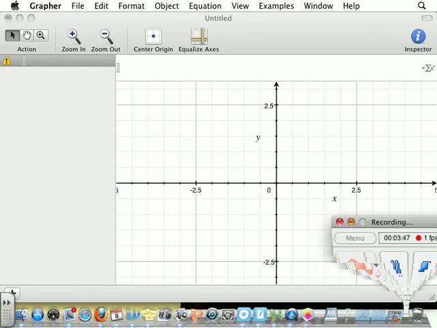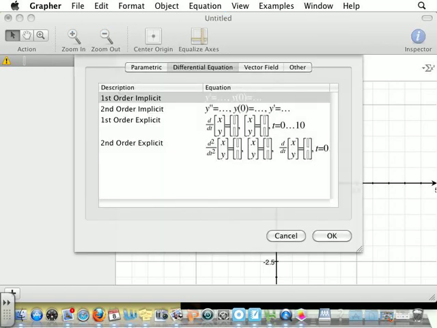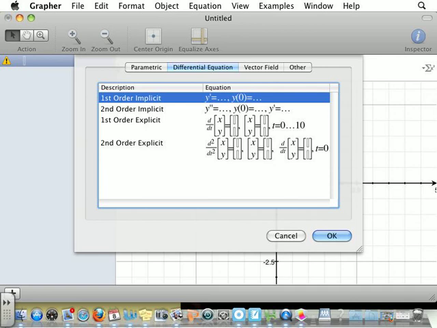Click on equation, new equation from template. We want a first order. First order means just y prime, not y double prime. Second order would be y double prime.